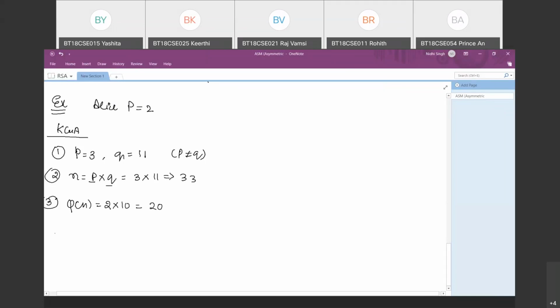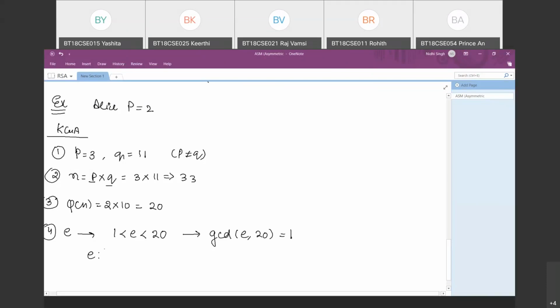Now the fourth one is to calculate the value of the public key, that is E. And E must be less than phi n, whose value here is 20. And also the condition is that GCD of E comma 20 must be equal to 1. Now select from 1 to 20. E must be relatively prime.